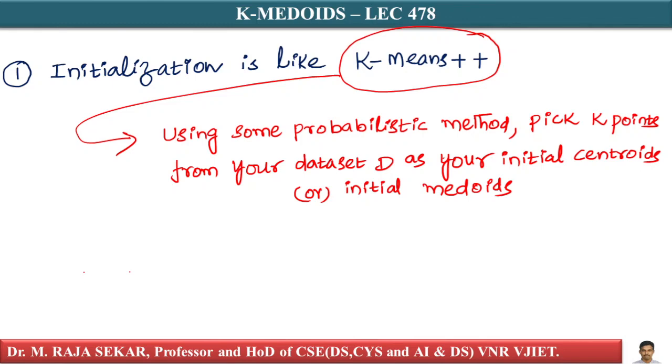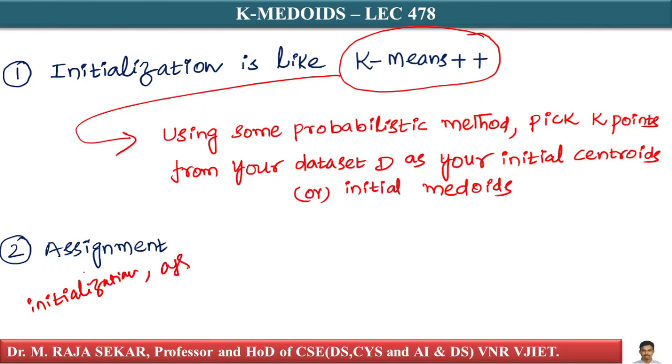In the second step, what you do is assignment. I am just following the same steps. My first step is initialization, next assignment, third one update, and fourth one termination.